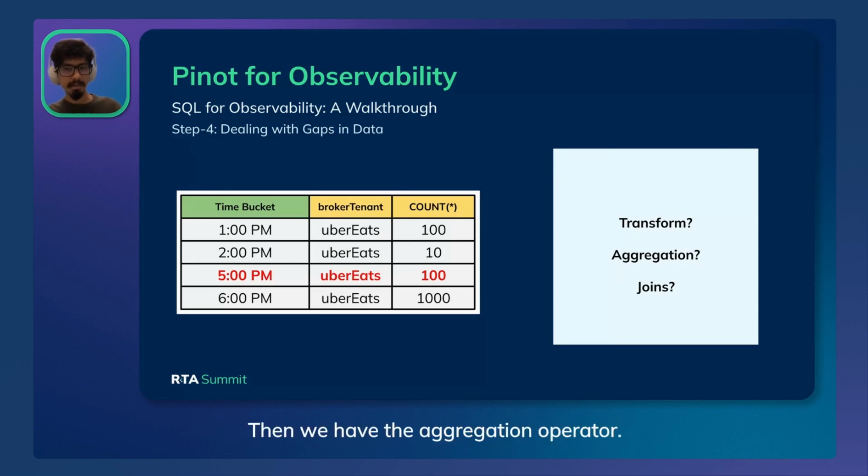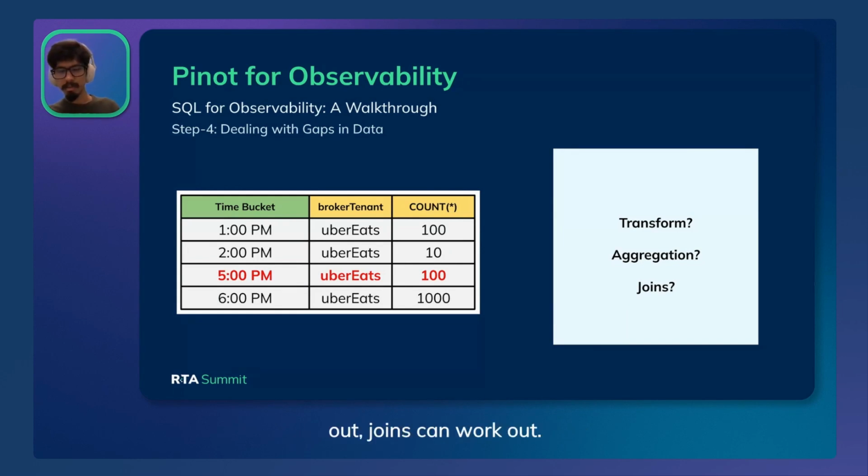Then we have the aggregation operator, where we are able to reduce the number of rows and compute a function on the input rows, let's say a count or a sum. But it still doesn't allow us to insert new rows based on a certain time definition. So aggregation might not work out here.